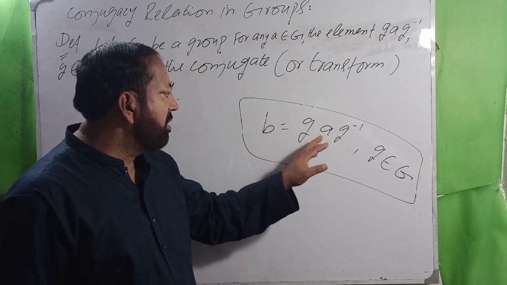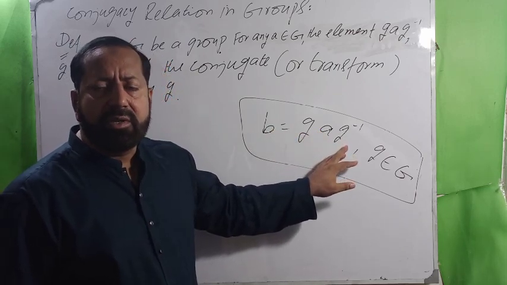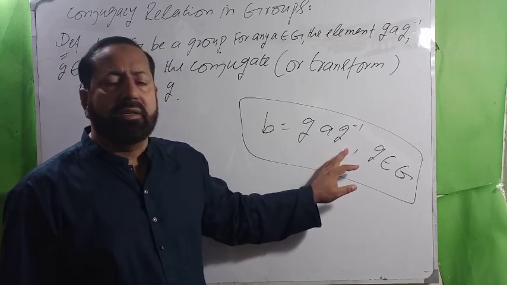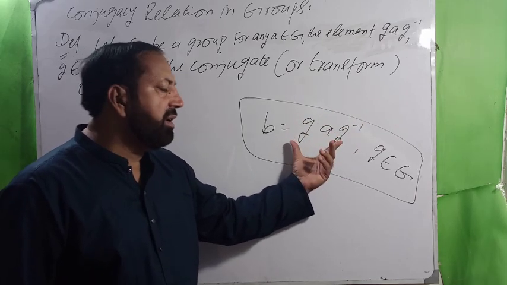If b can be expressed as g a g inverse, it means that whenever you want to find a conjugate element to a by an element g, you just find this element.